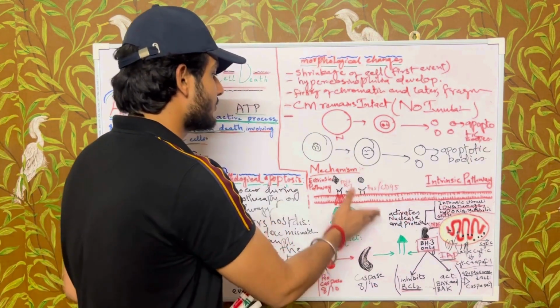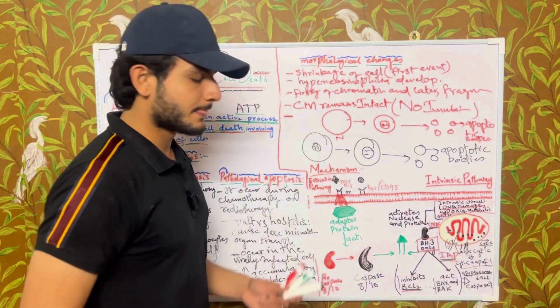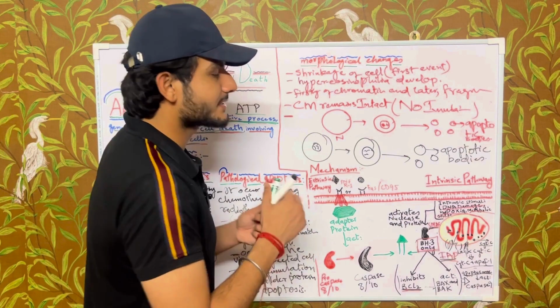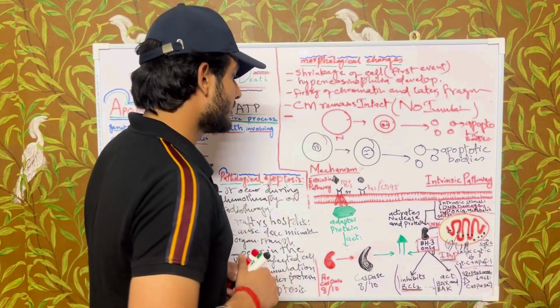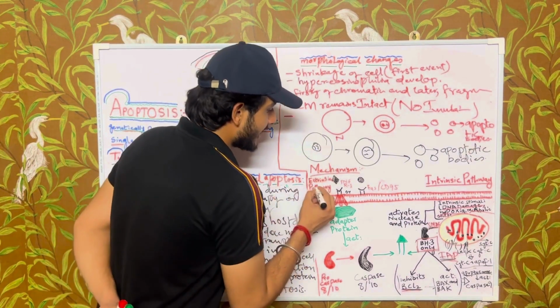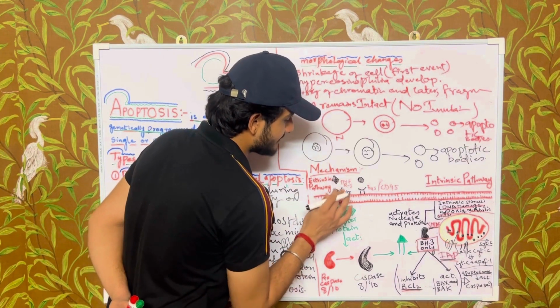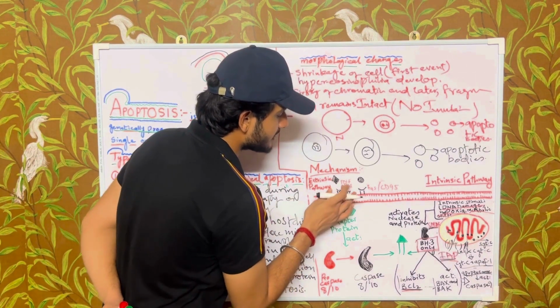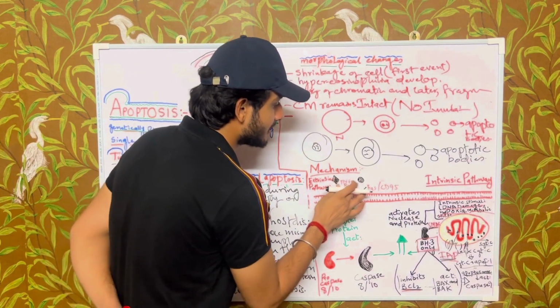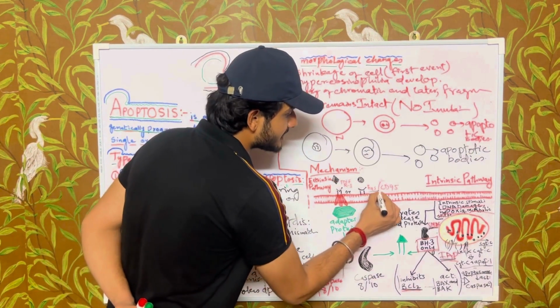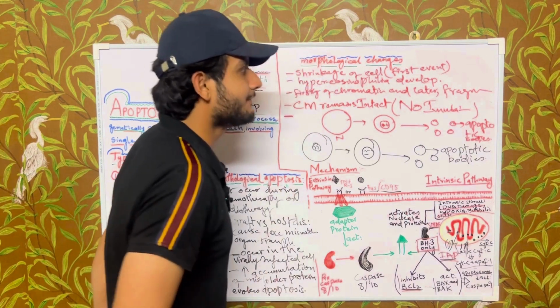Now let's talk about the extrinsic pathway, which is also known as the death receptor mediated pathway. What happens during the extrinsic pathway? We have two receptors. Firstly, there is tumor necrosis factor receptor 1, and there is the FAS receptor, which is also known as CD95.